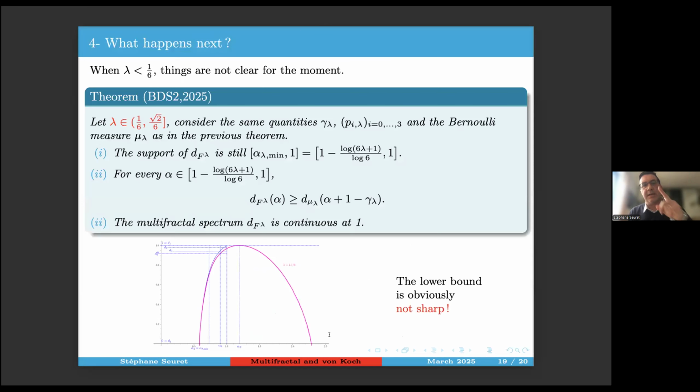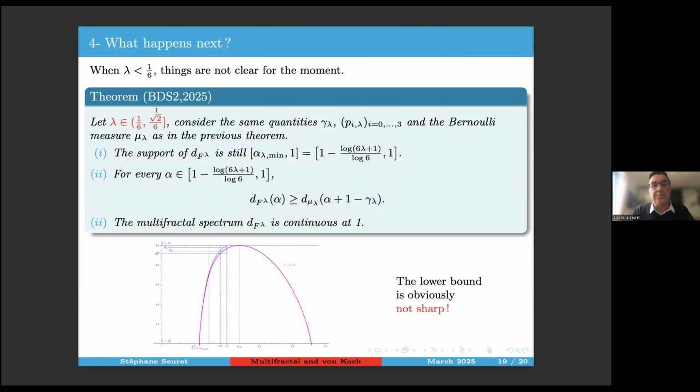Let me just say that when lambda is below square root of 2 over 6, in the regime where not all the slopes tend to infinity, then we only have a lower bound. There is no equality. You remember that there is equality when lambda is greater than square root of 2 over 6.